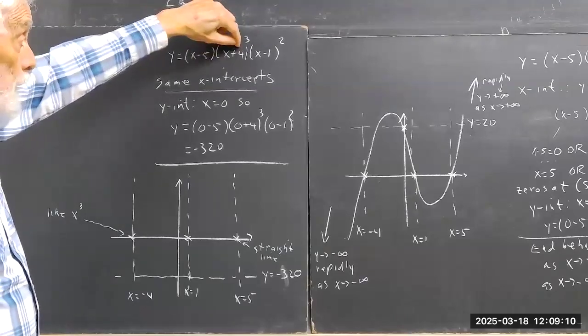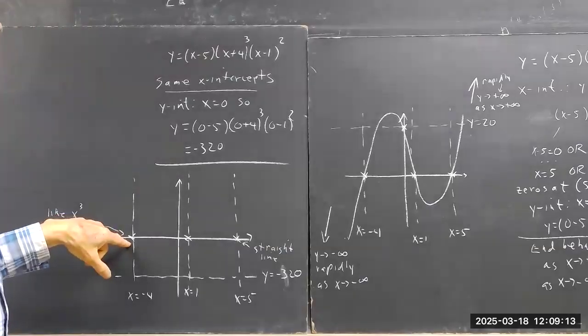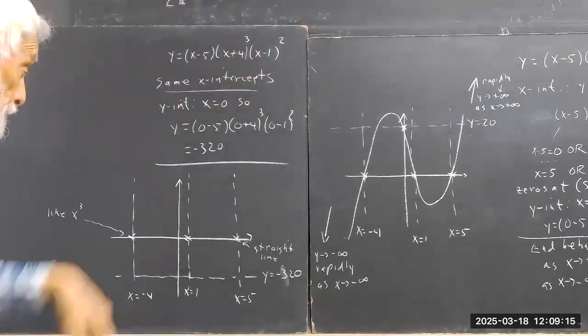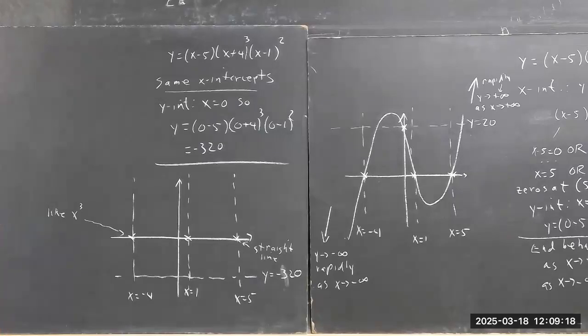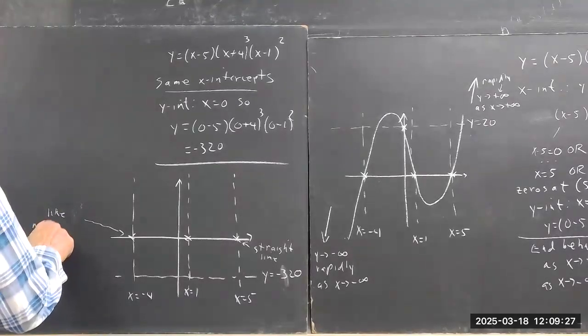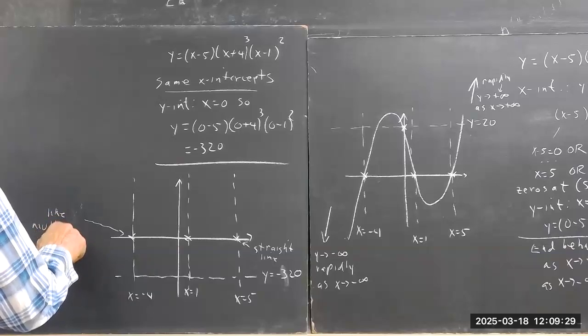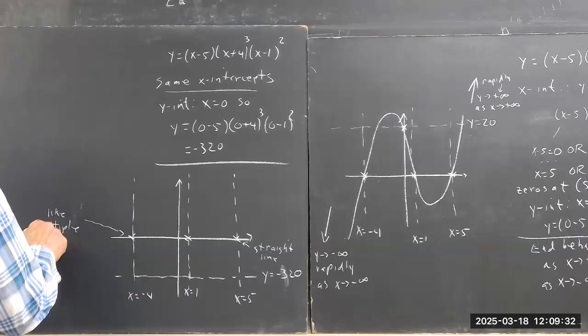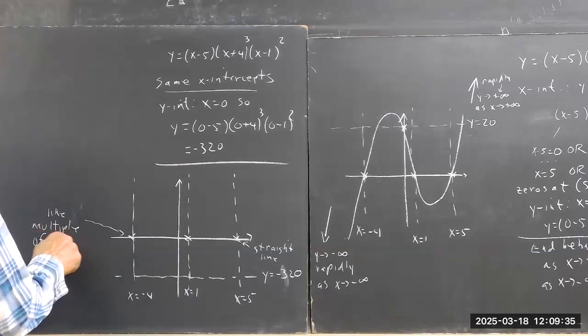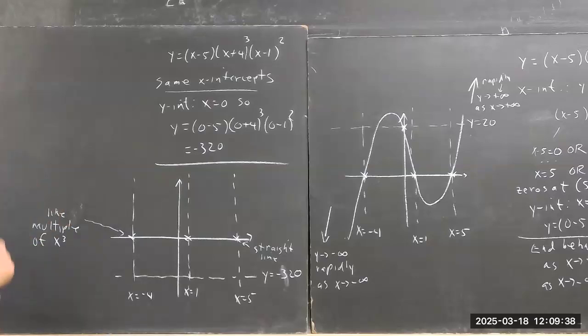It's just the x cubed function shifted 4 units to the left and then multiplied by whatever this times this gives us. I'll write out just a little bit more, say like a multiple of x cubed. Could be a positive multiple or a negative multiple. It could look like this, or like this.